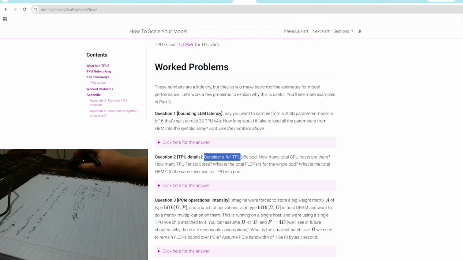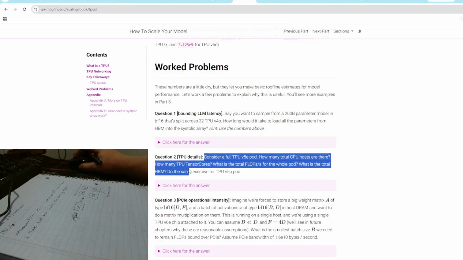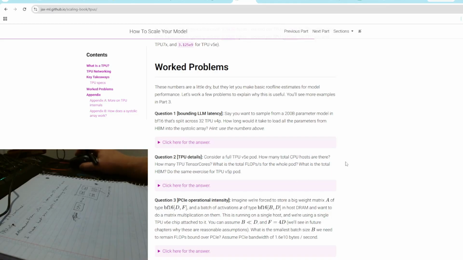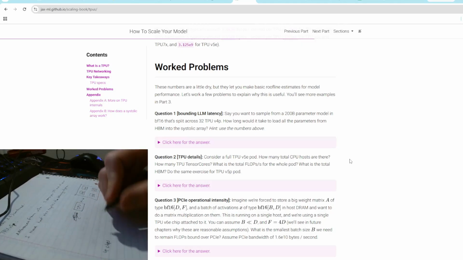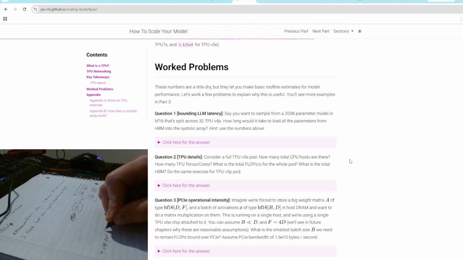Consider a full TPU V5E pod. How many CPU hosts are there? Okay, yeah. So let's say we have 4 chips per CPU.